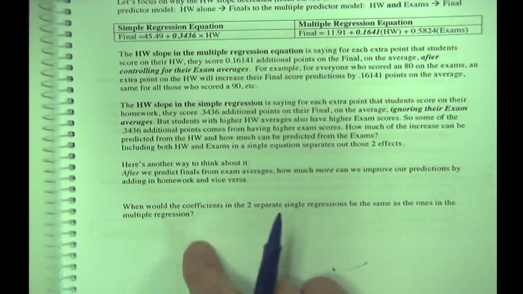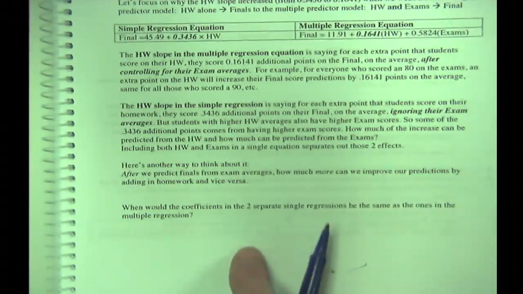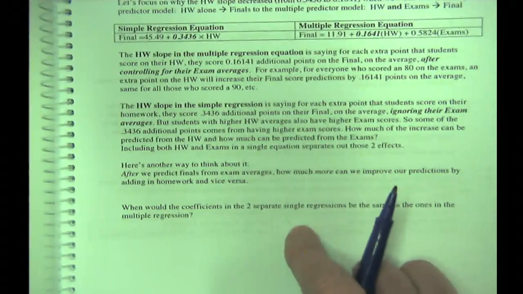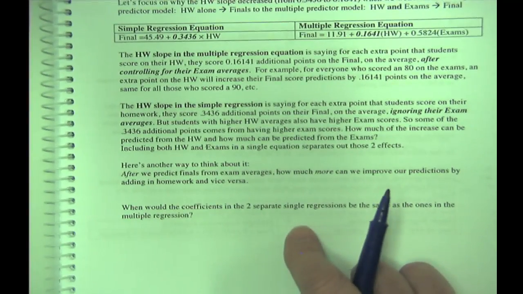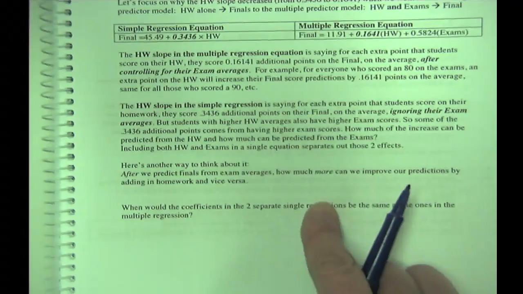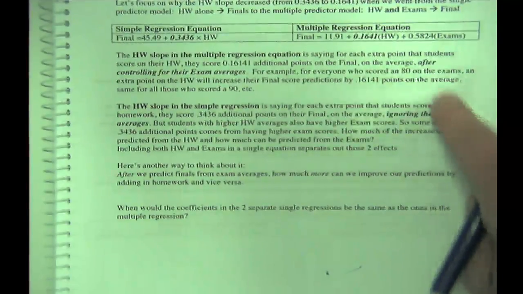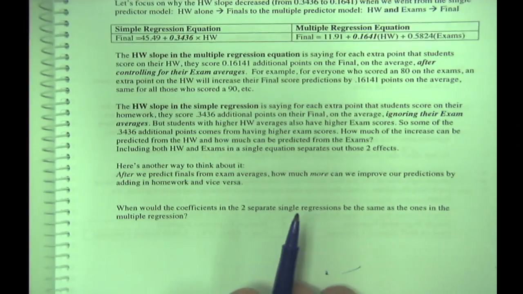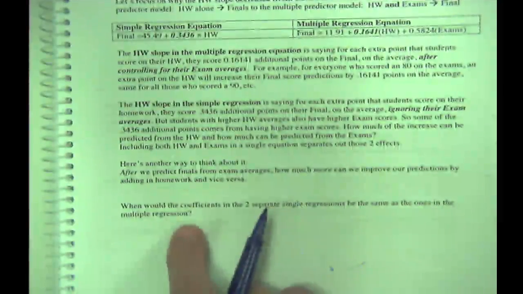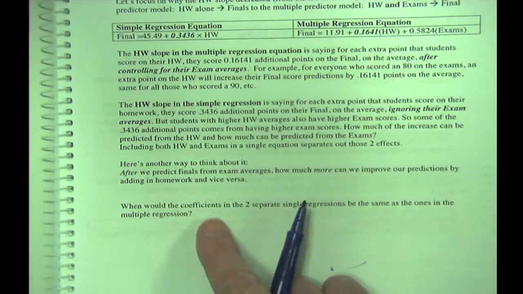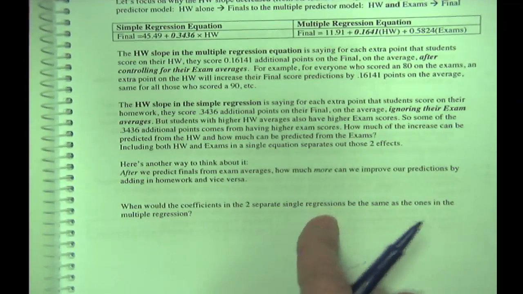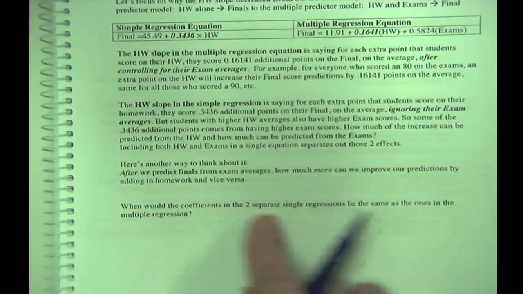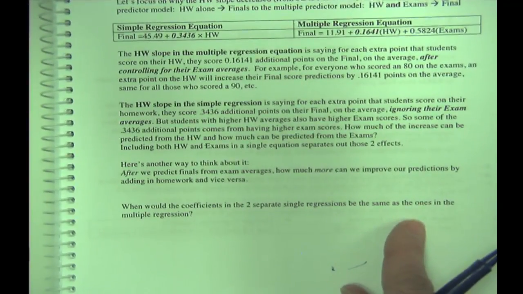How about, can you just answer this without going through it? You should read this on your own, but I don't think there's anything new here. It's just a more detailed way to think about it. Is it okay if you read this on your own? But answer this question. Why would the coefficients in the two separate single regressions be the same as the ones in the multiple?